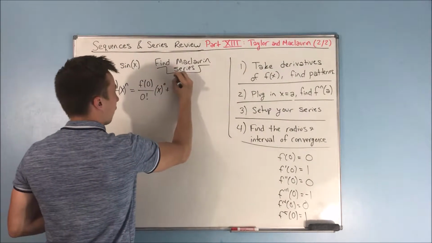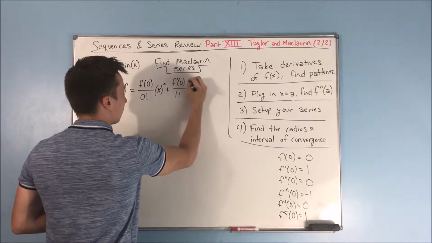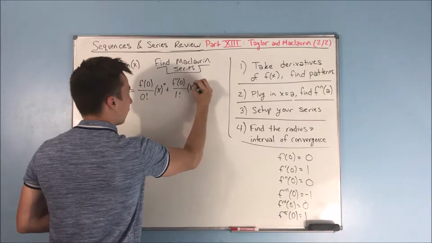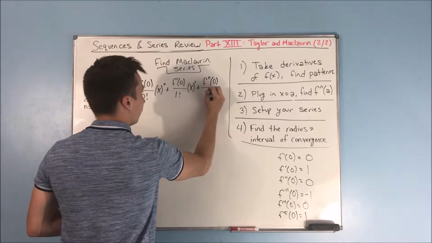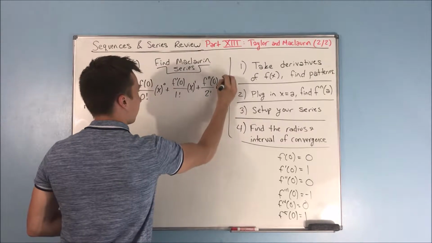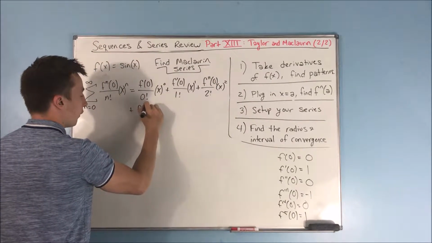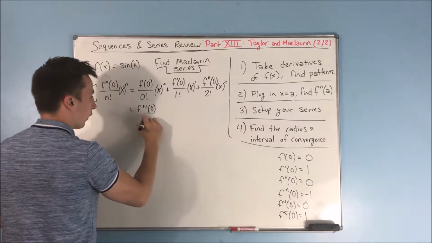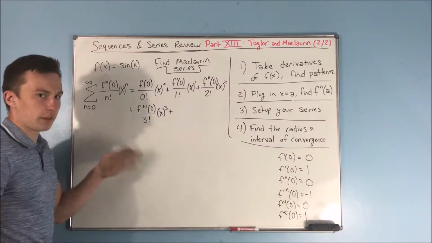Next, we have f prime of 0 over 1 factorial times x to the first power, plus your second derivative over 2 factorial times x to the second power, plus your third derivative over 3 factorial times x to the third power, and we'll just go up to 5 here.